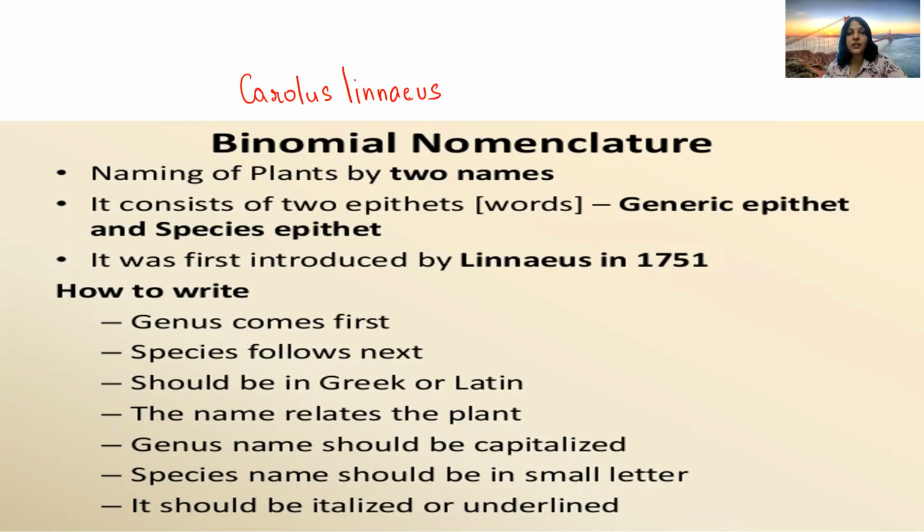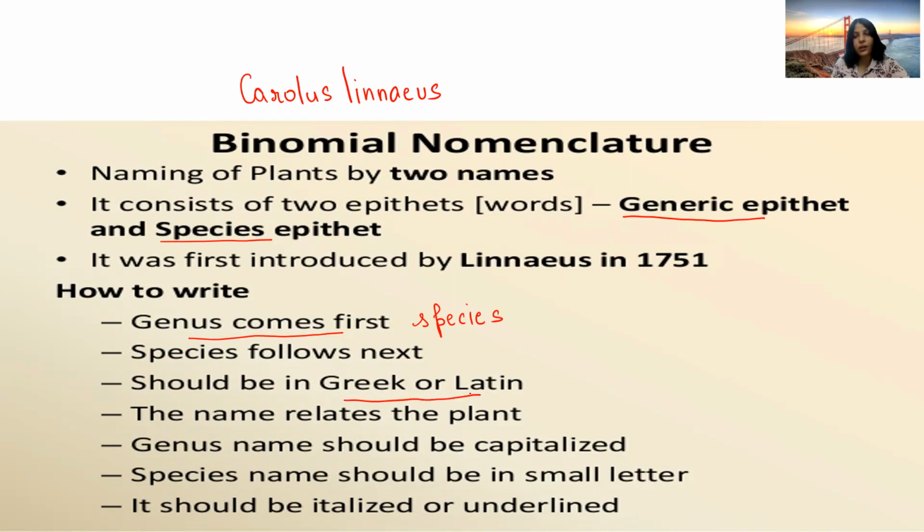These rules are named binomial nomenclature because he said that the name of a species should have a generic epithet, that is the genus name, and the species name. And genus should come first, and after that the species name will come.